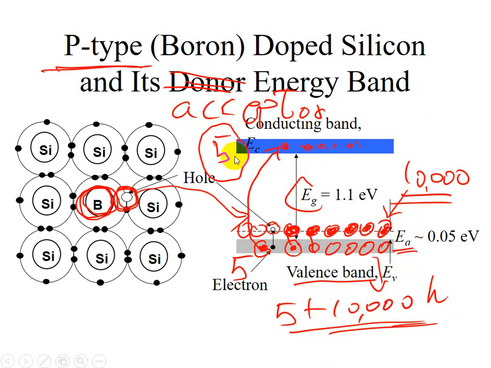This is a minor charge carrier. The conductivity is controlled by the number of atoms you introduce into the silicon wafer. So the primary charge carrier is hole with positive charge.